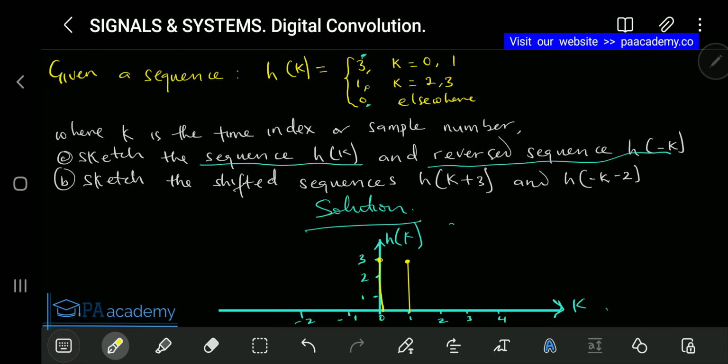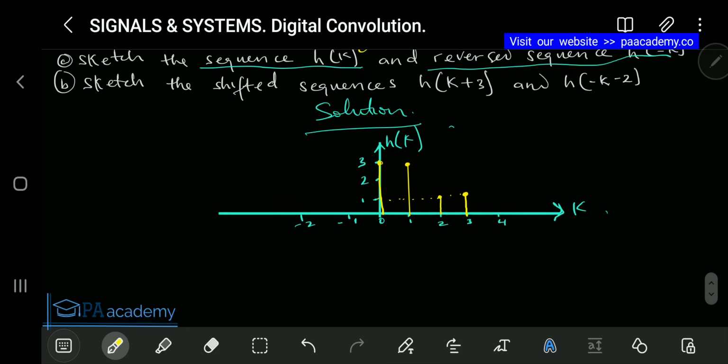Then for an amplitude of 1, k is 2 and 3, so if you trace it here like this, the same thing also for 2 and 3. Are we good? Alright, with this we've been able to answer the first part, which is to sketch the h of k.